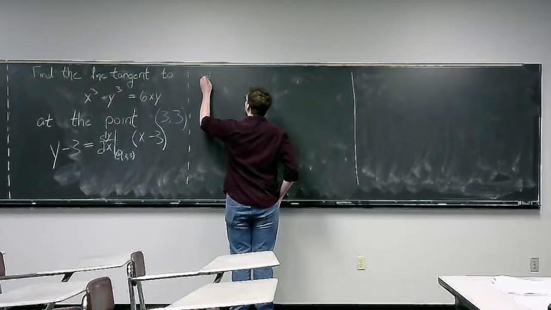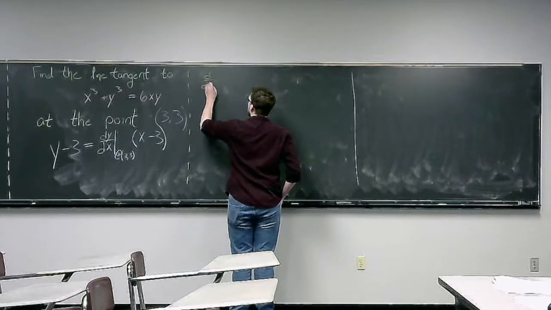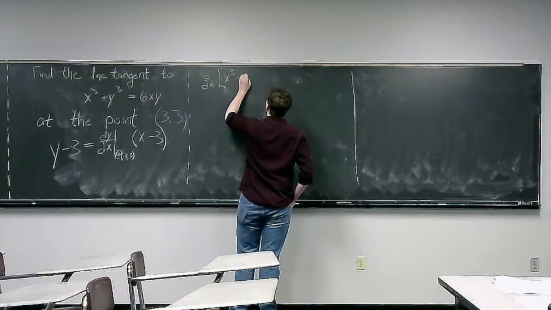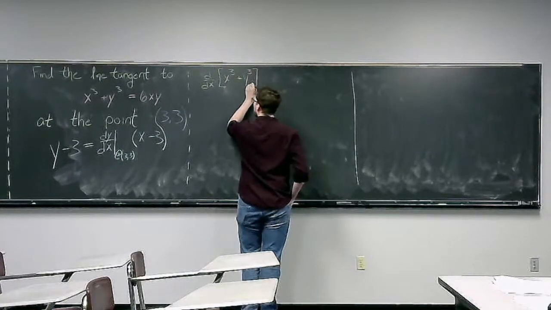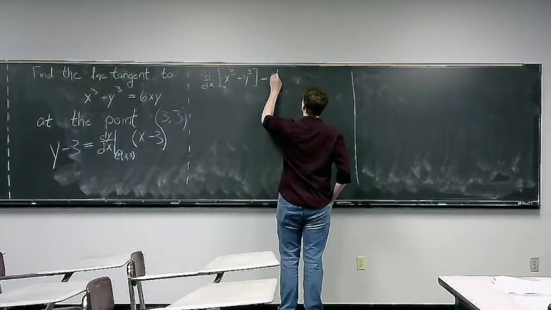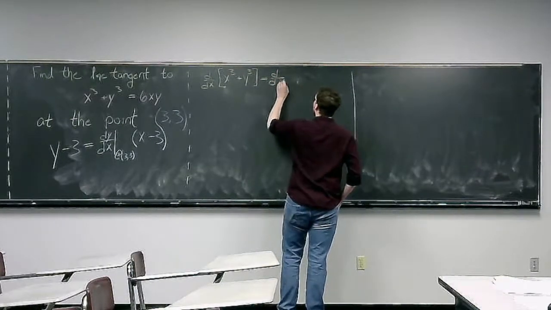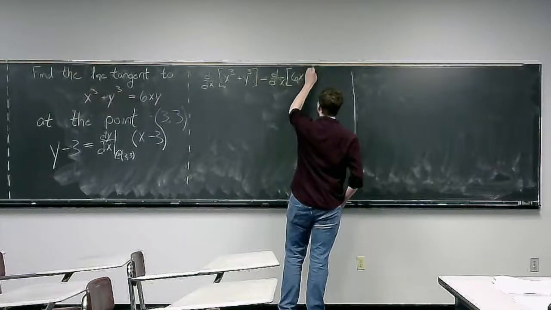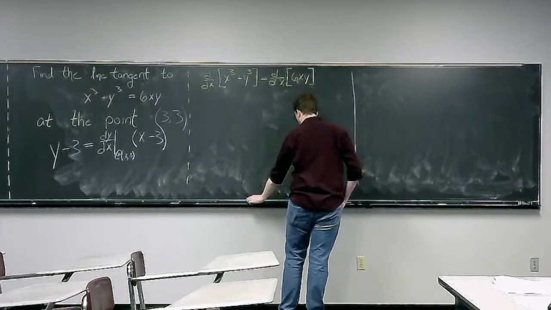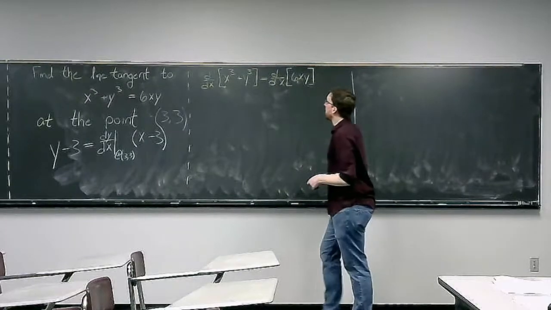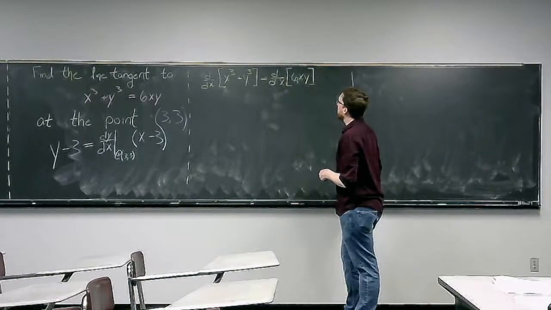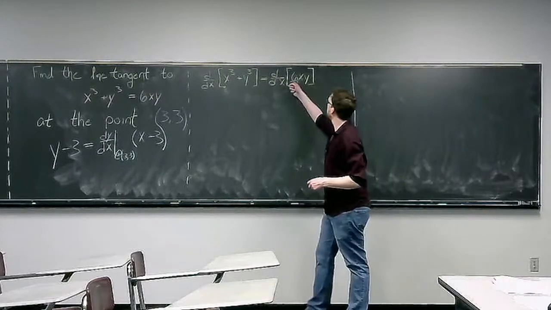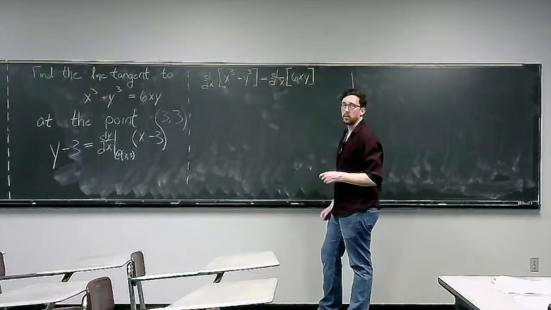So we've got d dx of x cubed plus y cubed is equal to d dx of 6xy, and we look at this for a second, we say, okay, I can split this one up, I can pull this 6 out, and I can apply the product rule.